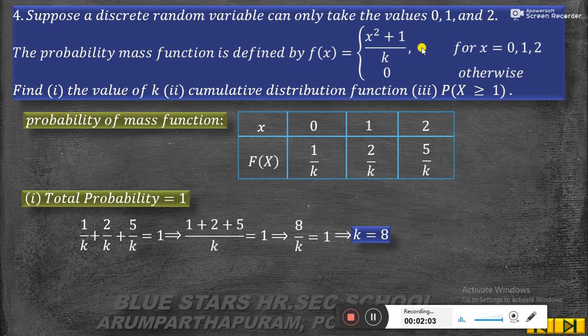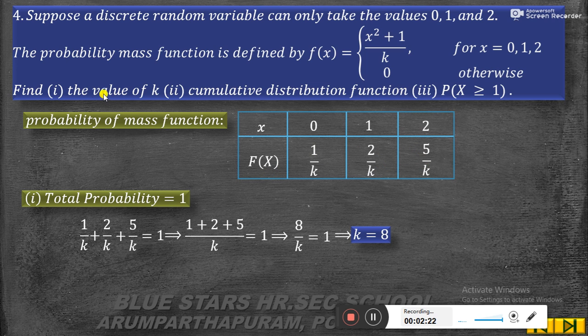For x equal to 1, 1 plus 1, 2 by k. For x equal to 2, 2 square is 4 plus 1, 5 by k. So f of x equal to 1 by k, 2 by k, 5 by k.